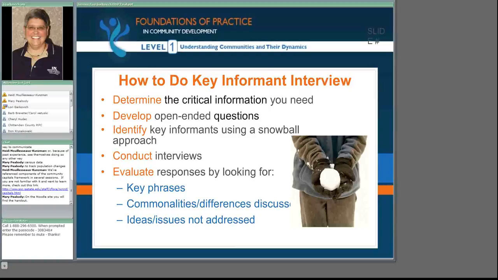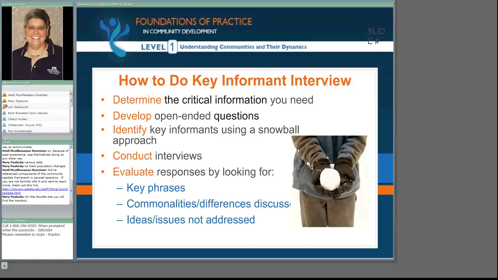How do we identify key informants? Well, if you know what kind of information you need, then you kind of know who are at least the starting points for your key informant interviews.